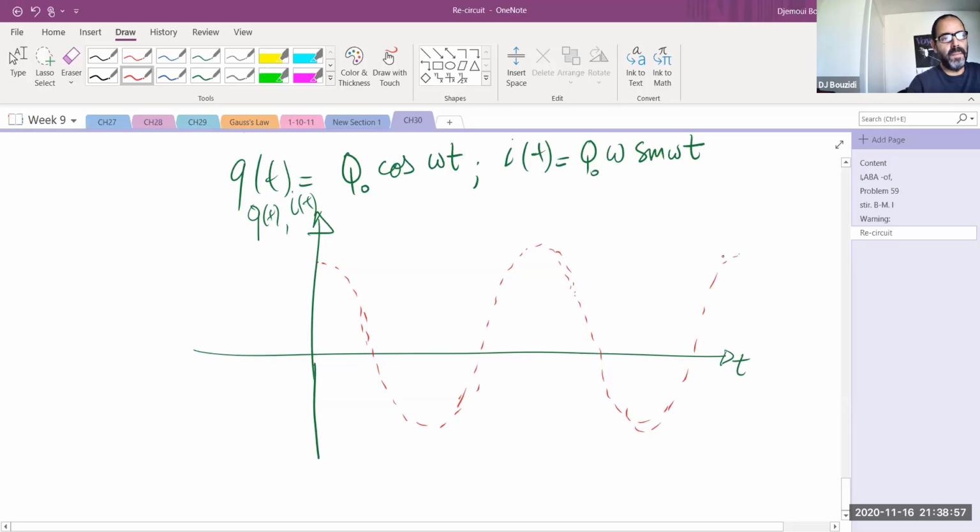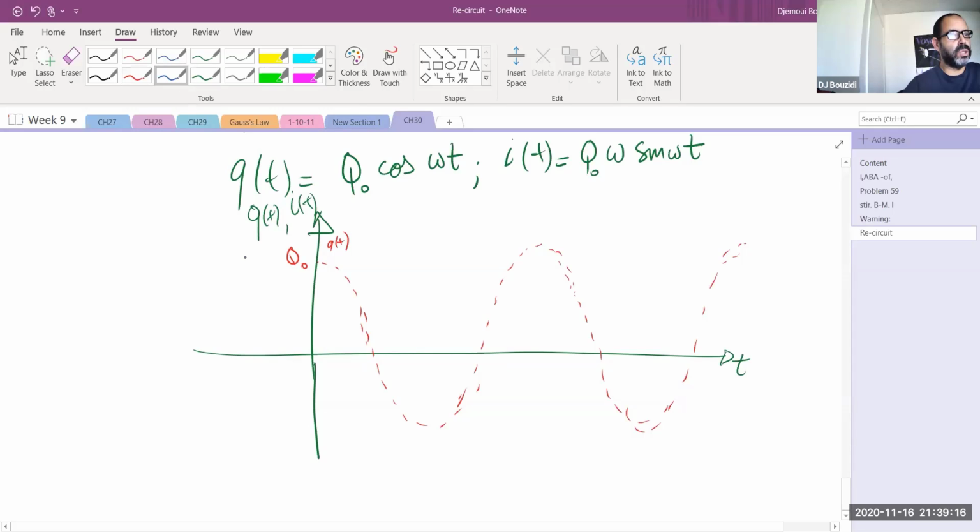So these are two periods basically of this. Now, the current, so this is the charge Q, by the way. So this is Q naught. And this is Q as a function of t.